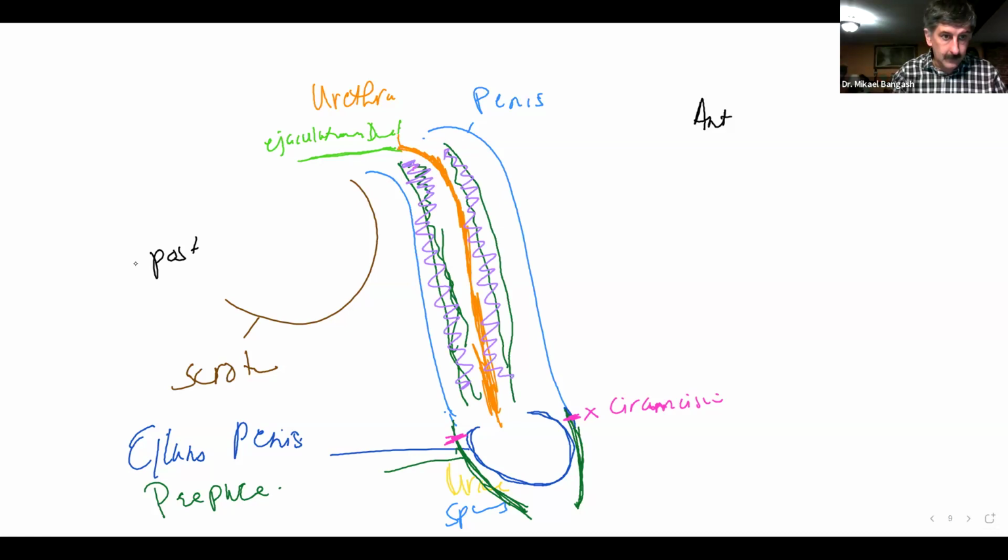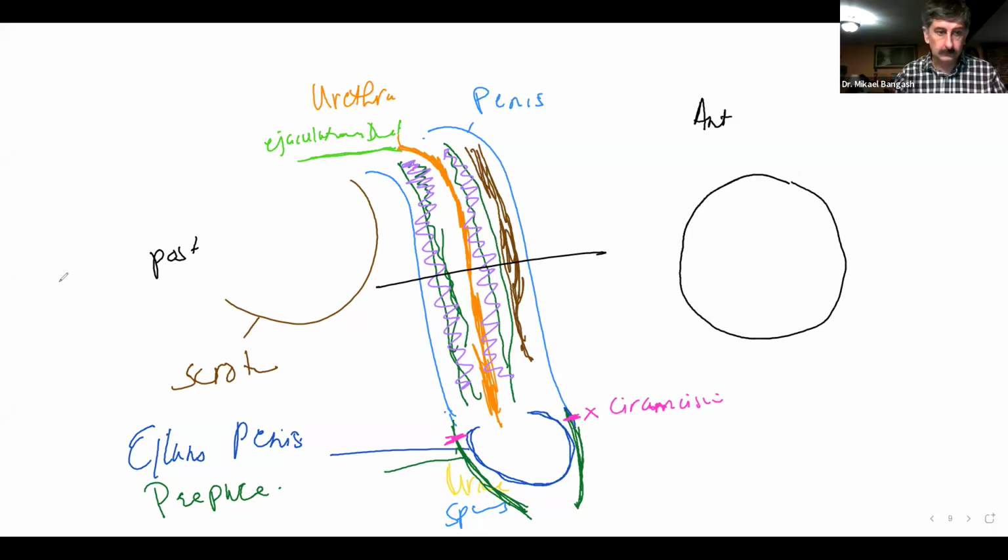If you take a cross section of the penis and look at it, here is the urethra.